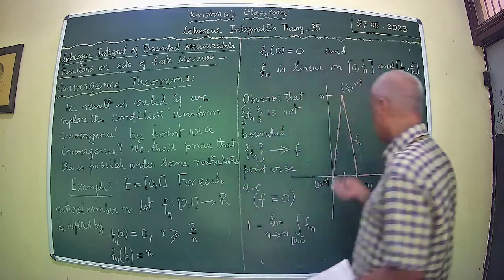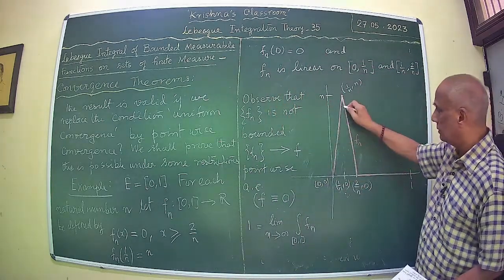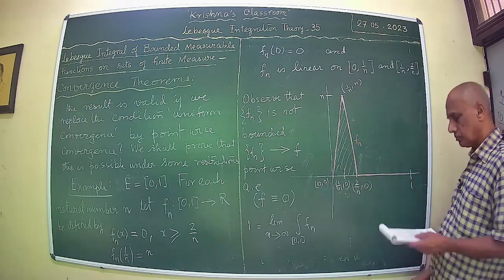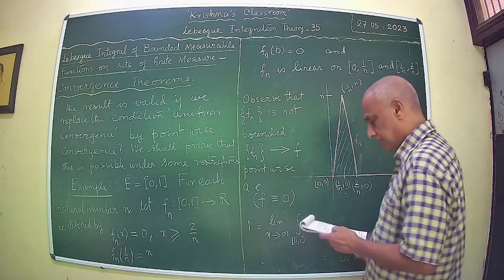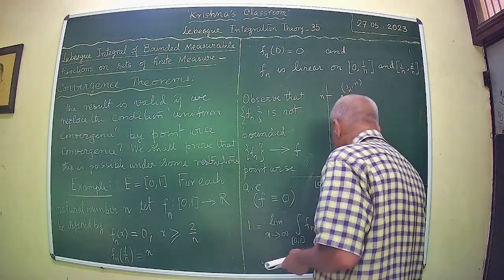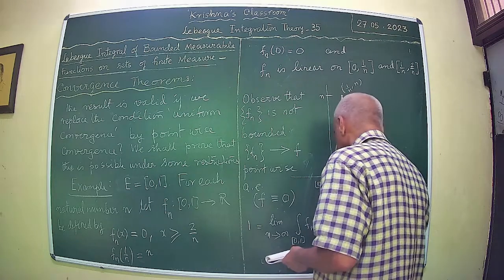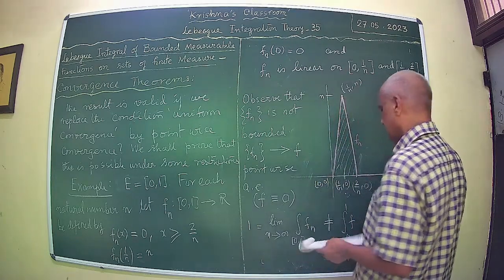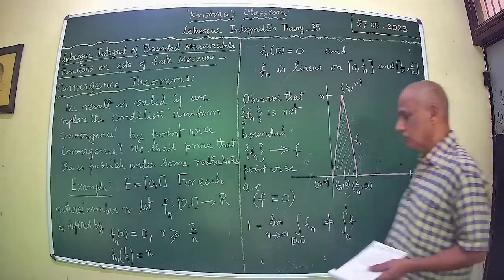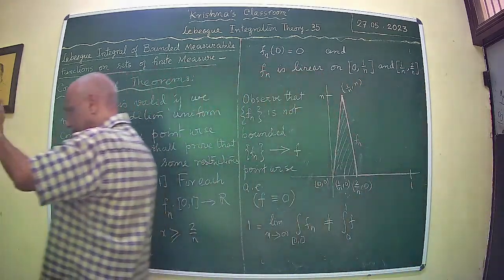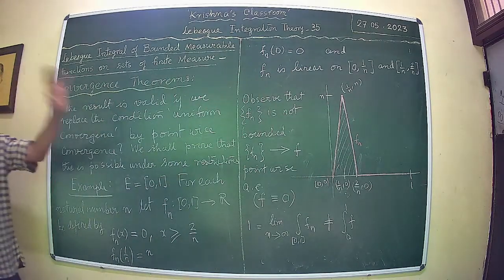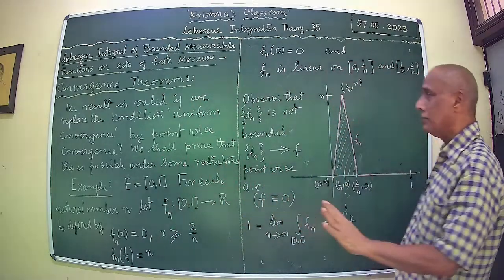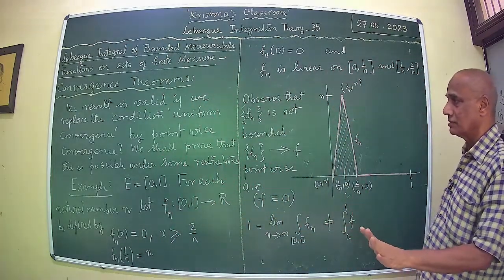That's easy to compute because it is the area enclosed here. The area enclosed here is always equal, and then this is not equal to it. Okay. So what have we done? We have tried to replace uniform convergence by simply pointwise convergence.